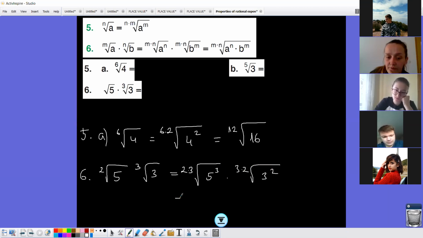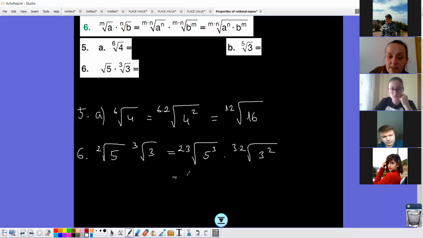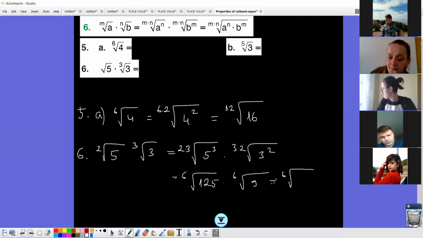So what will I have? The 6th root of 125 times the 6th root of 9. Now I have both of them the same, and it will be the 6th root of 125 times 9.